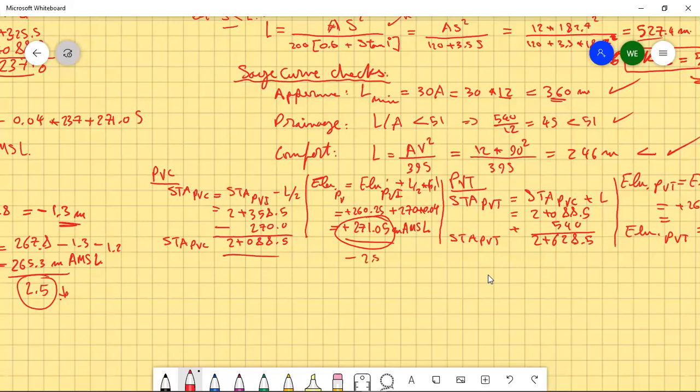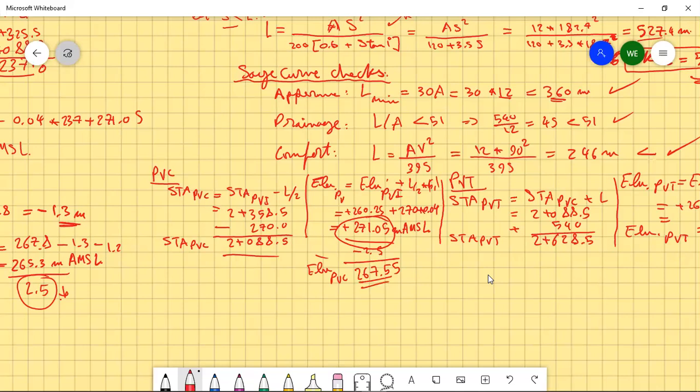How can we do that? Let's see. This is the one that we can change here. So we want to have the BVC elevation, the new elevation, should be 5.762.